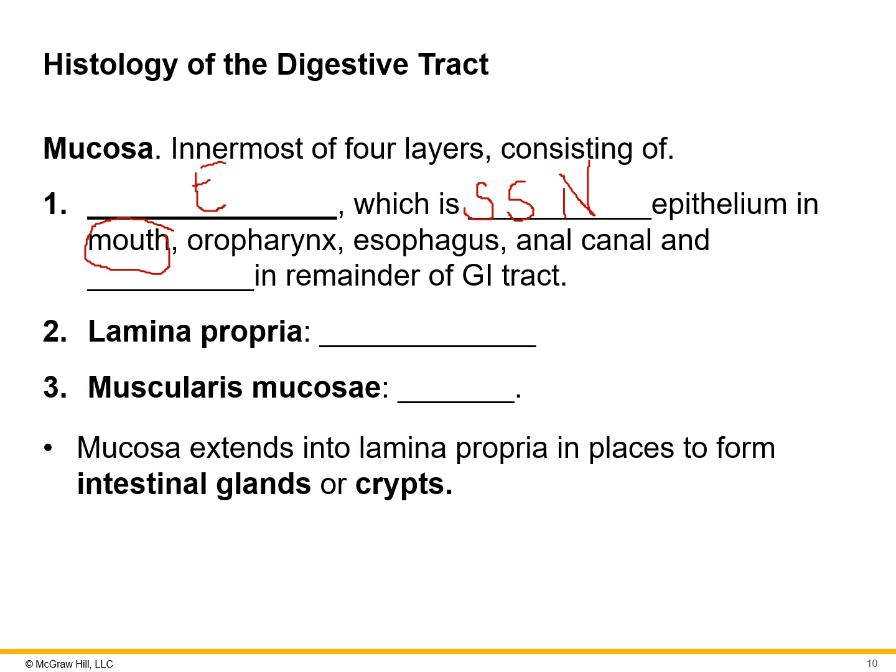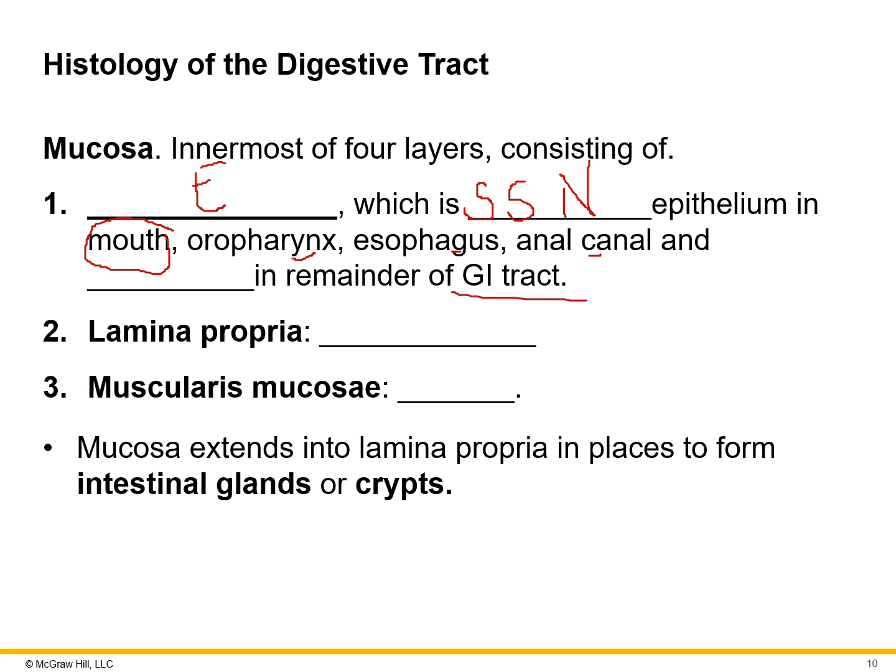It's also stratified, squamous, non-keratinized in the oropharynx, esophagus, and anal canal, and it varies essentially. It is columnar, it is pseudostratified in some places as well along the gastrointestinal tract.